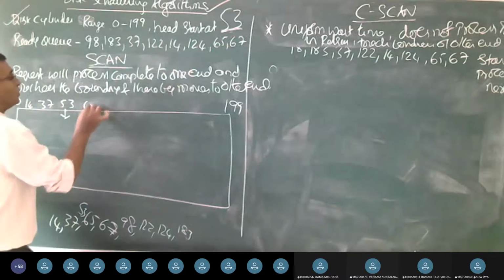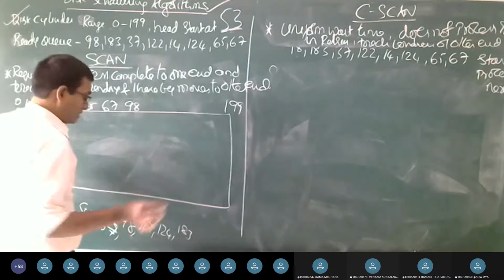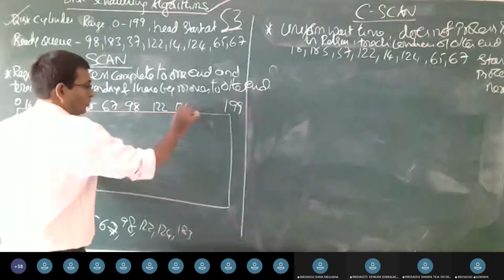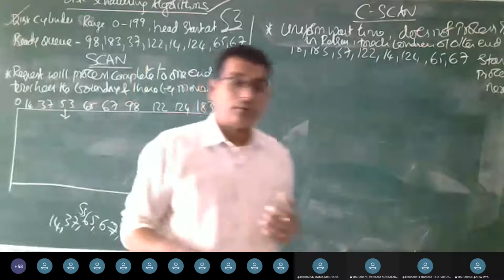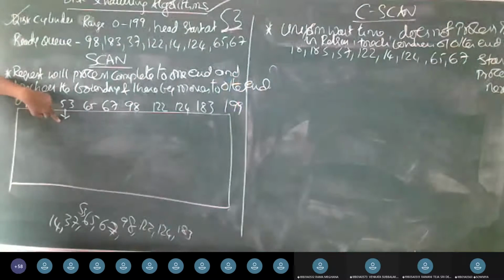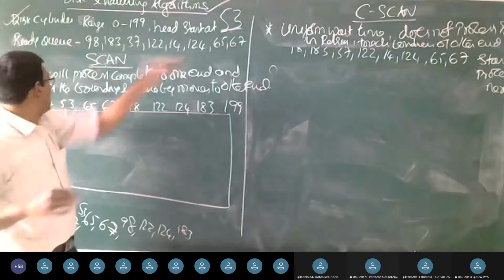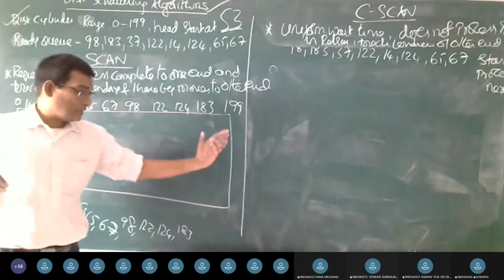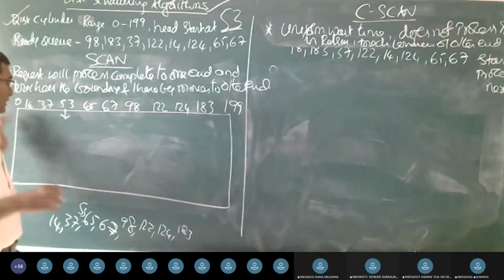Thereby, we have 65 followed by 67, 98, 122, 124, and 180. These are the requests, right? Now, from 53, the scan algorithm provides service from one end to another end, touches the boundaries, and thereby processes the requests.